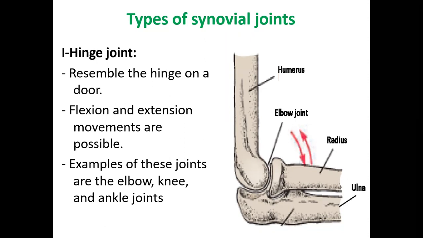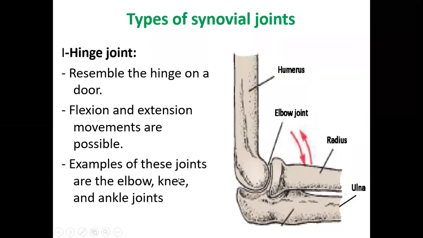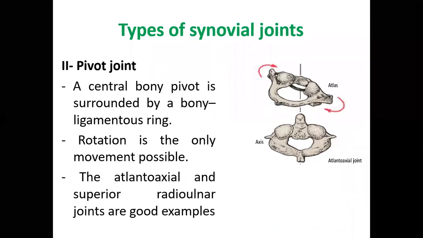The best examples are the elbow joint, the knee joint, and the ankle joint. These are the hinge type of joint, just like the hinge of a door, which helps in opening and closing of the door.